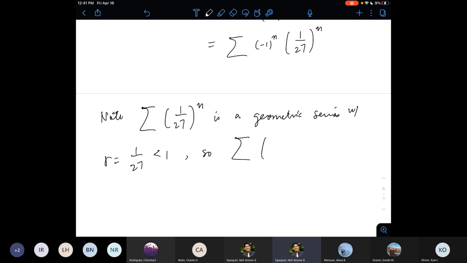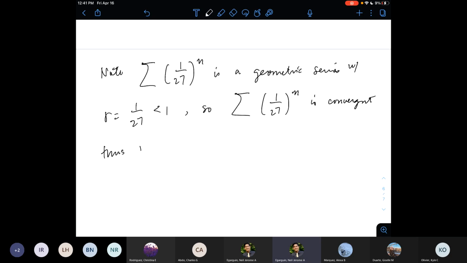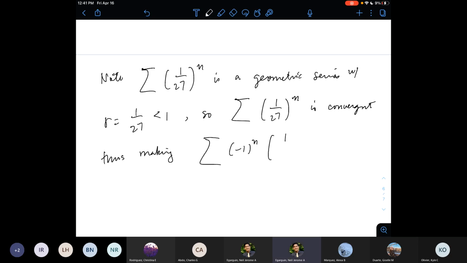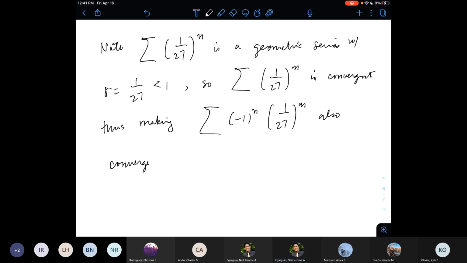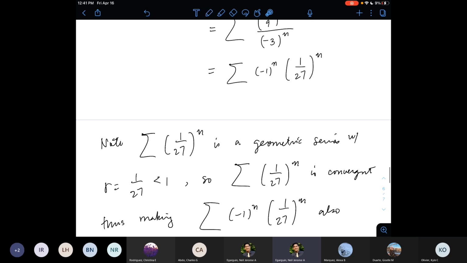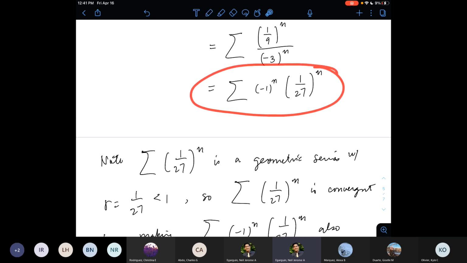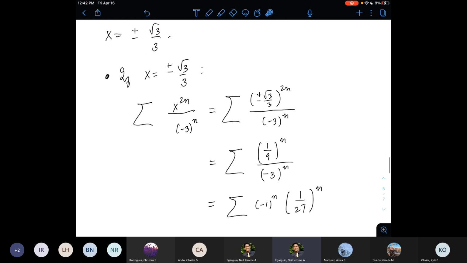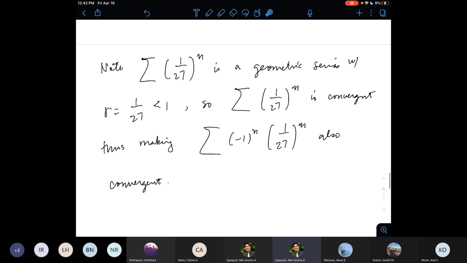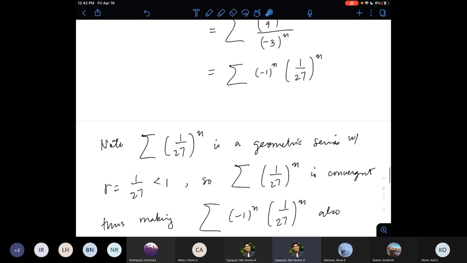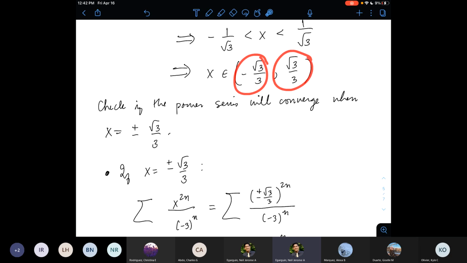So the series of 1/27 to the power n is convergent, thus making the series with the alternating sign also convergent. So here we see that this series will be convergent, and this series was derived when x is plus or minus √3/3. So that means the power series will be convergent at the endpoints as well.